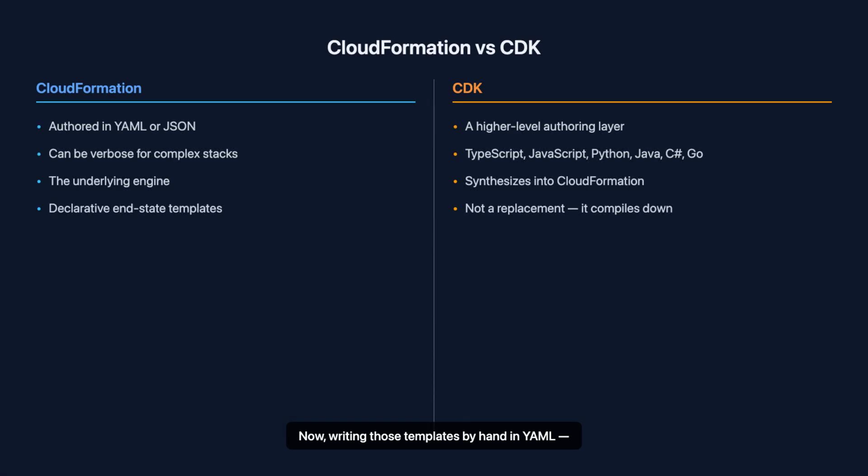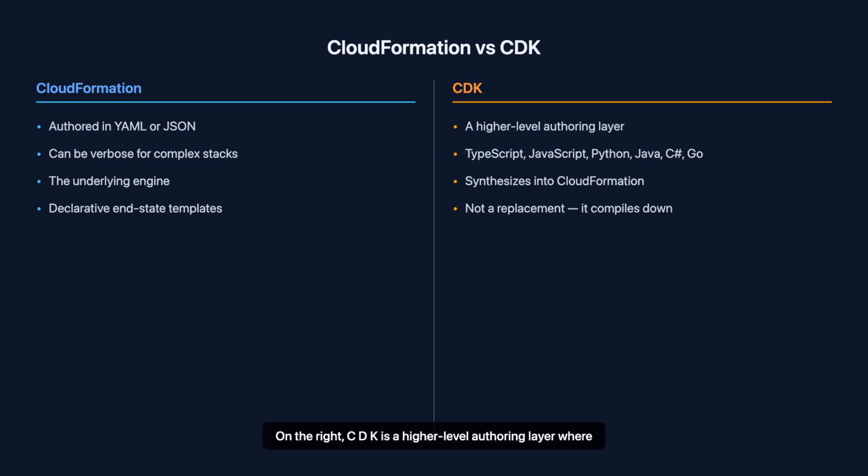Now, writing those templates by hand in YAML or JSON can get verbose fast. A complex stack might run hundreds of lines. That's where the Cloud Development Kit, or CDK, comes in. On the left, CloudFormation is the underlying engine, declarative templates in YAML or JSON.